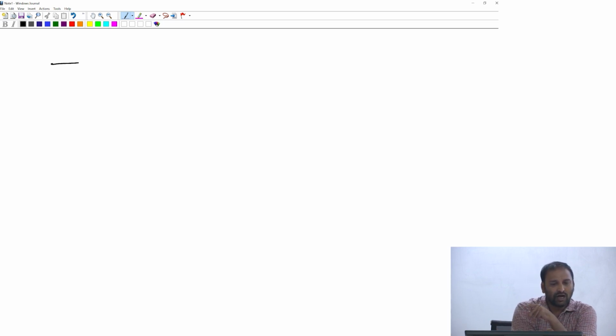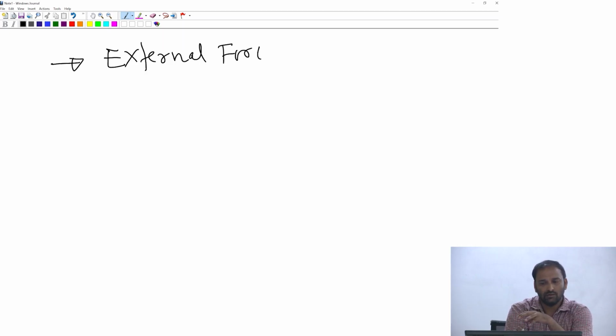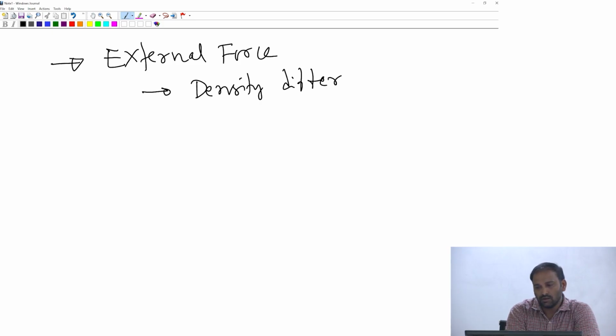But whenever you look at larger particles, what you need for the particles to move is an external force. This external force can come from a density difference between the particle and the fluid.